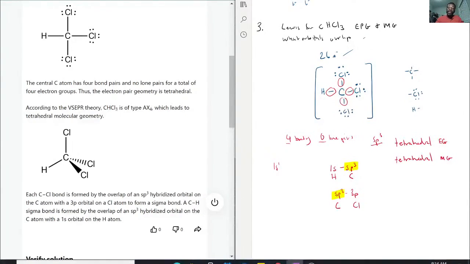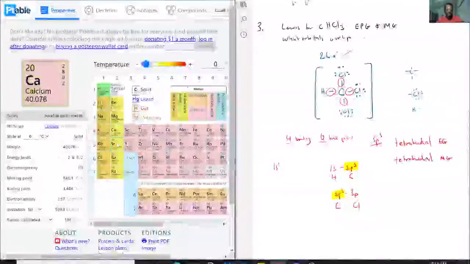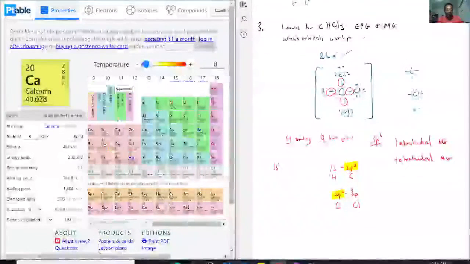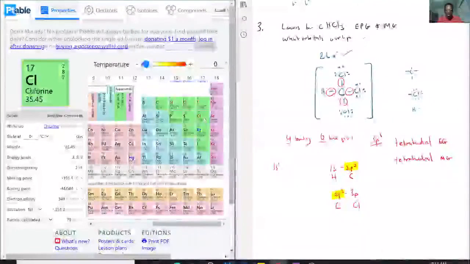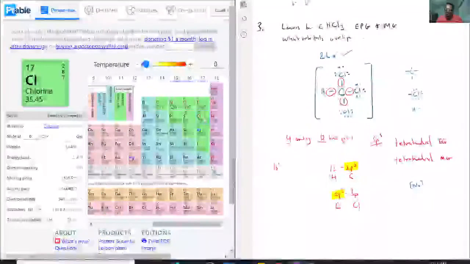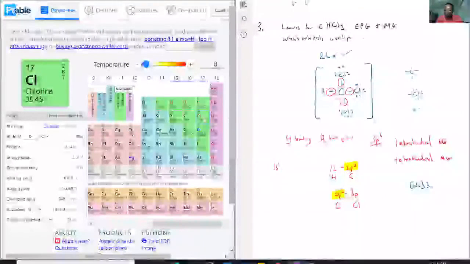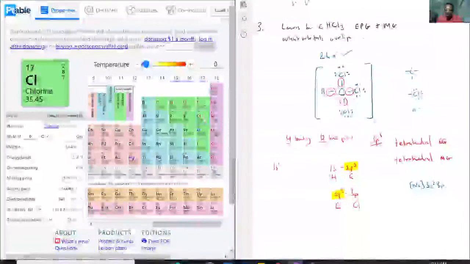But if you look at the electron configuration for chlorine, as you can see on the periodic table, it is on the third row, which is why it's 3p. If we did the shorthand notation for it, it'd be neon, and then 3s2 3p5.